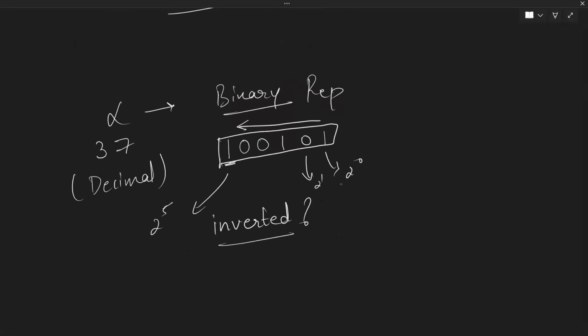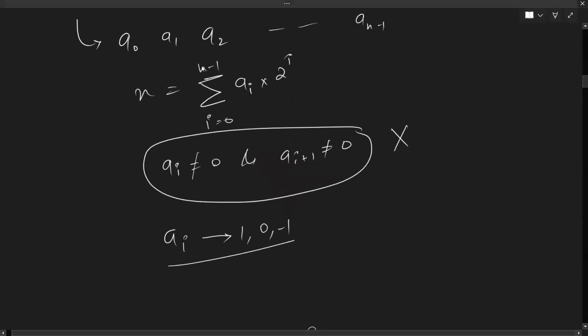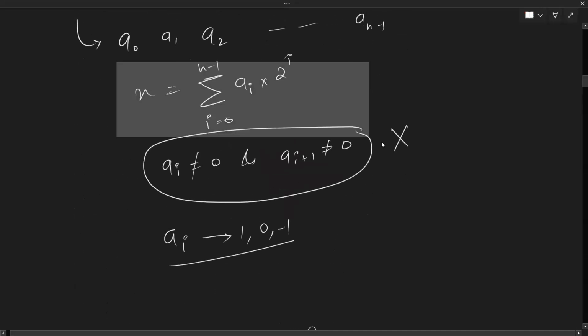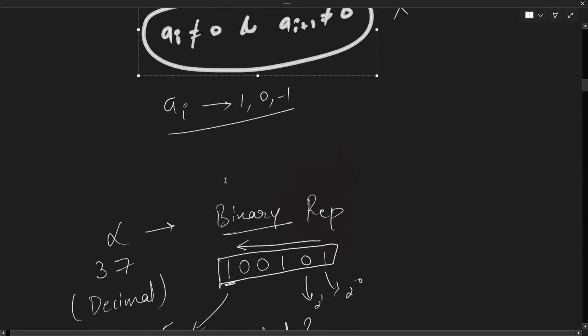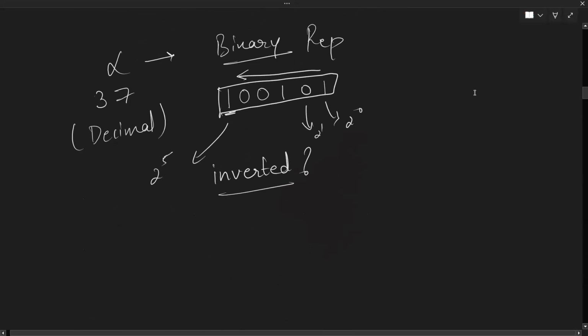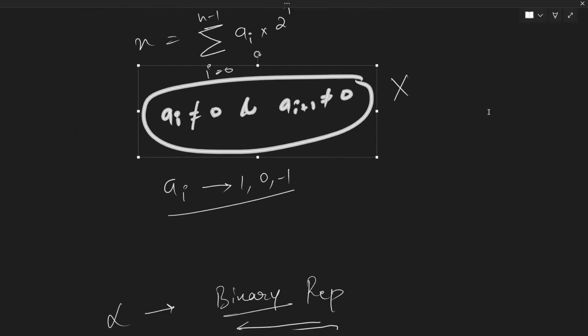Hopefully everybody knows this. This is how we represent binary numbers. So if this condition was not present, then the answer is just to invert the binary representation. Is this making sense? Up till now, anyone having any doubt? Why is this the answer if this condition was not present?